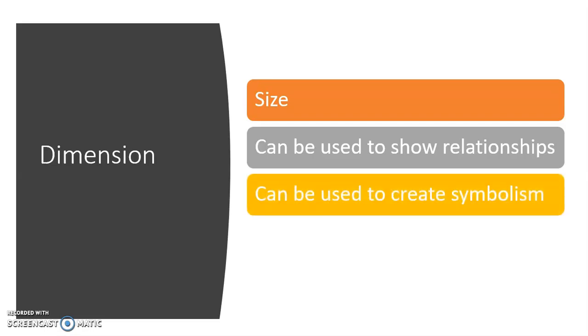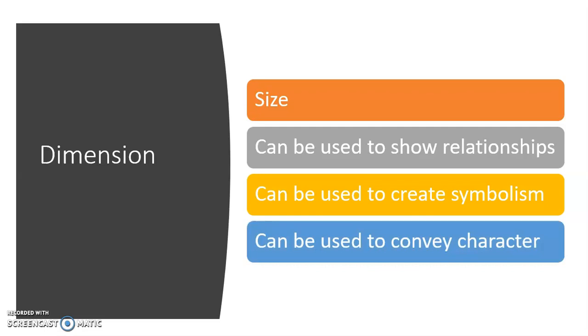It can be used to create symbolism. So perhaps a character has lost a lot of weight but is still feeling very insecure. Maybe the dimension of their costume is that it is large and oversized, showing they're not really comfortable yet in their new personality. It can also be used to convey character.